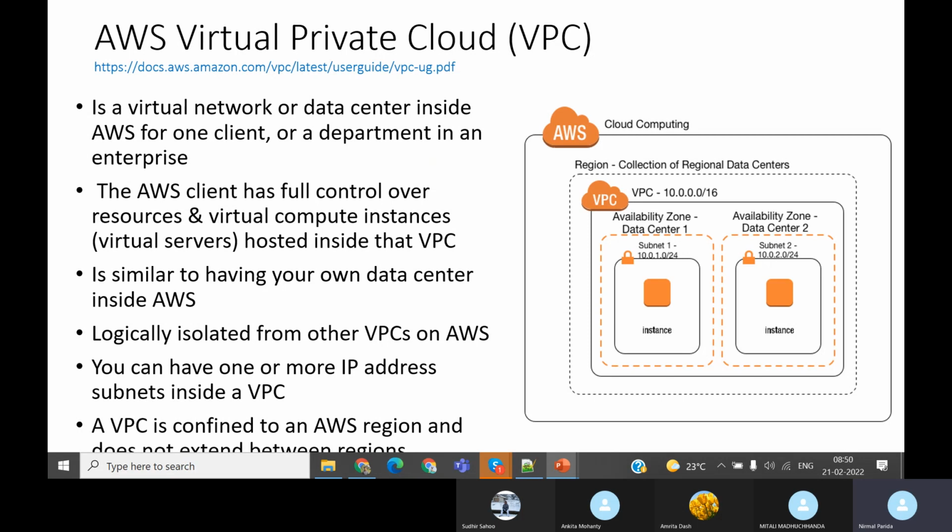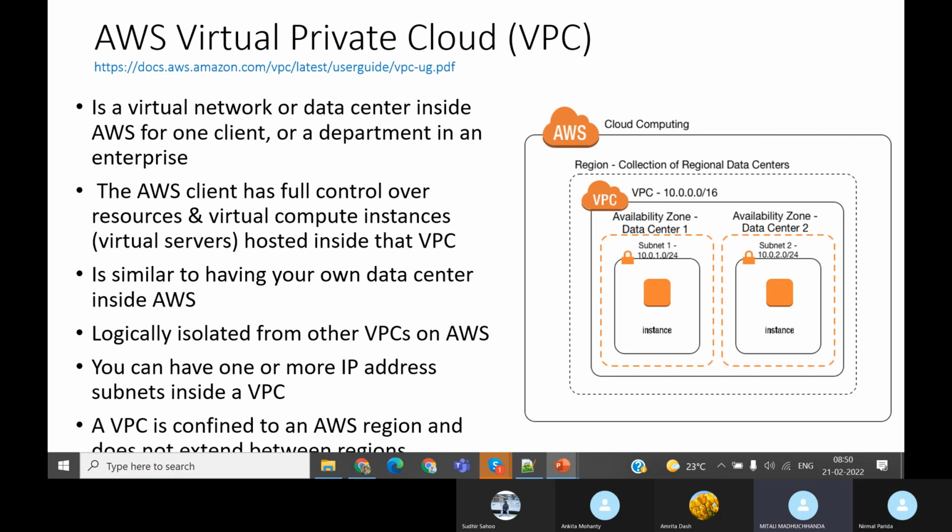So your VPC will be region specific. In one region, you can create more VPCs, but it will not go beyond that region. But in Google Cloud, their VPCs are global, so they can communicate across many regions. But in AWS, they are specific to one region only.